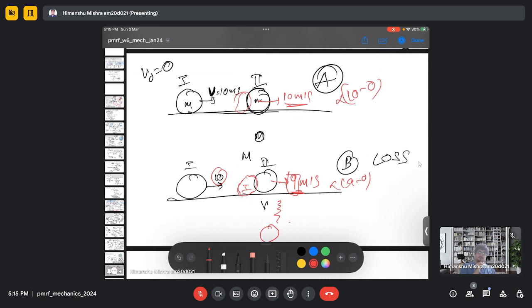Yes, and in the second case, how can we say that momentum is conserved? Energy is not conserved. By quantity, the initial momentum is 10 into m, and the final momentum will be m into 9. But still, if the coefficient of elasticity e is 1, then we can say that momentum is conserved. If the first body is at rest, then we cannot say the momentum is conserved.